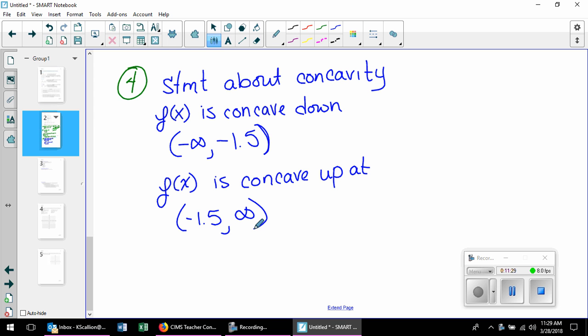We know it's an inflection point because the concavity changes, and negative 1.5 is the defined point. That makes sense to everybody? The point actually has to exist on the graph. It has to be continuous, it has to have a point in order to be an inflection point on that function. Make sense? Clear as mud?